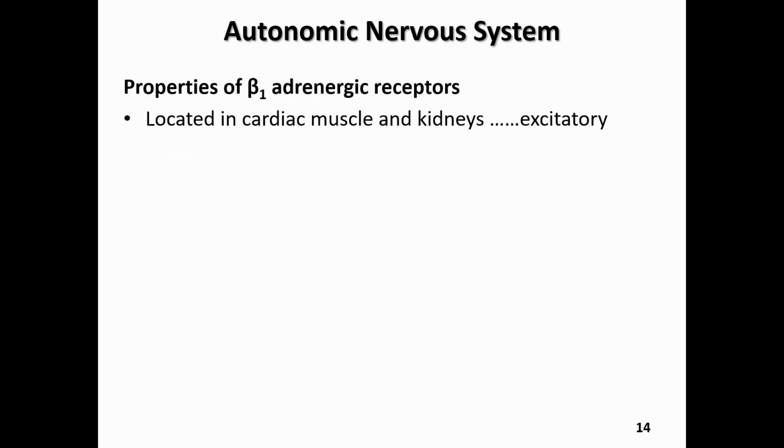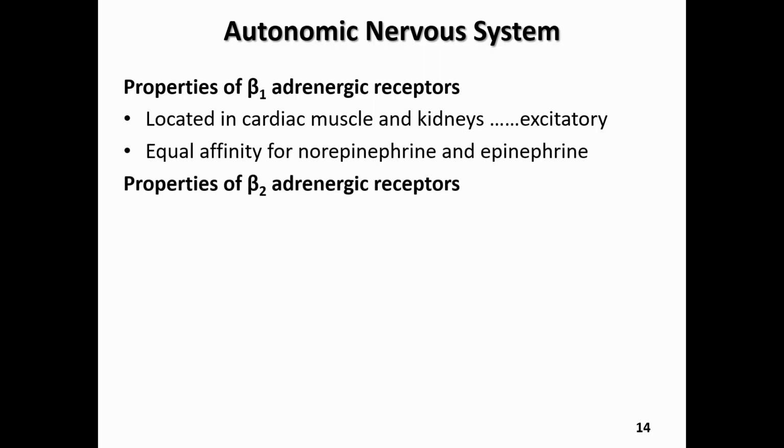The beta 1 adrenergic receptors are typically found in cardiac muscle cells as well as kidney cells, and these are considered excitatory. So when adrenaline type of neurotransmitters bind to these receptors located in cardiac cells and kidney cells, these will tend to trigger an increase in metabolic activity of these cells, and they have an equal affinity for both norepinephrine and epinephrine.